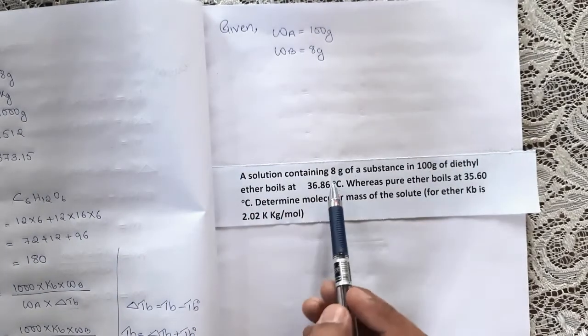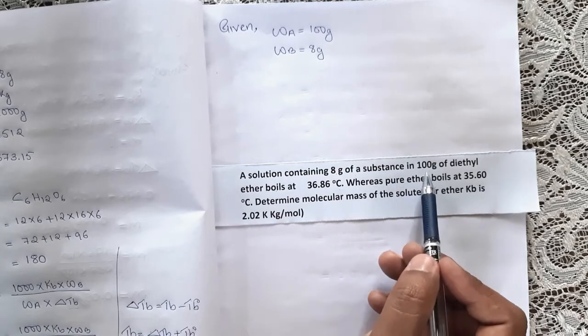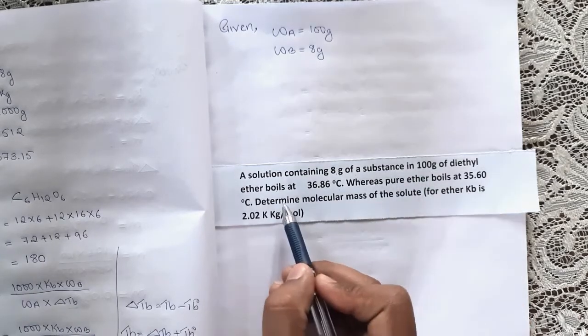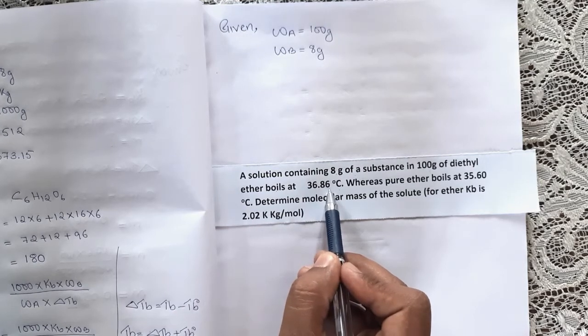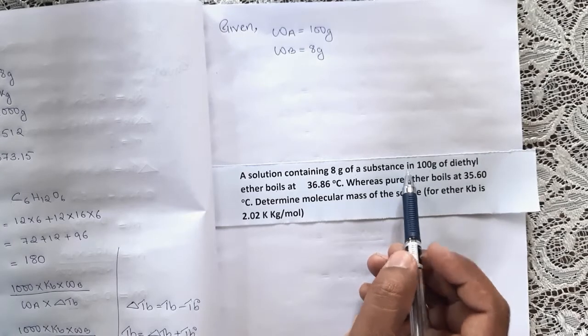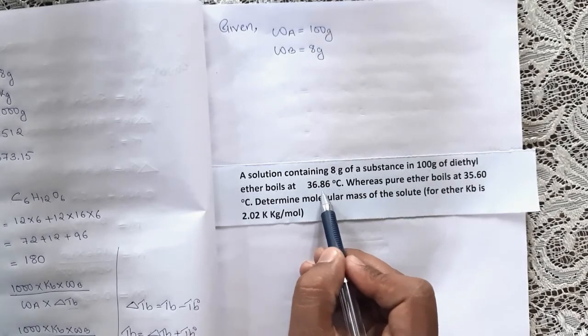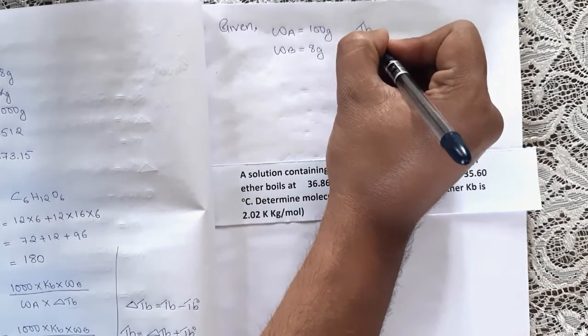So when we add 8 gram of a substance in 100 gram of diethyl ether, that particular solution boils at 36.86 degrees Celsius. So that is the boiling point of the solution.